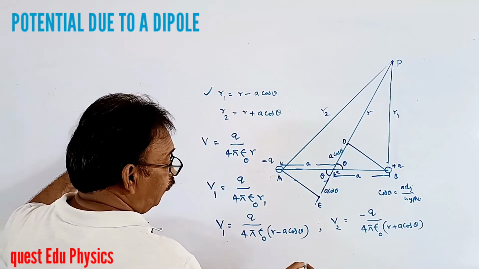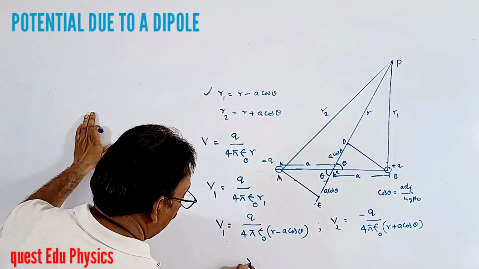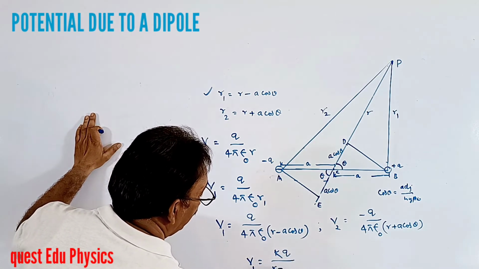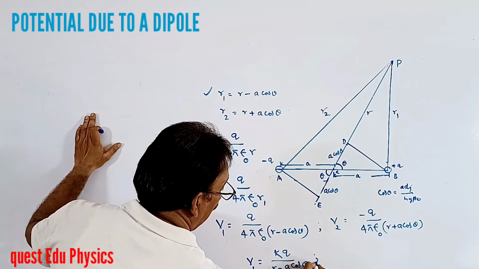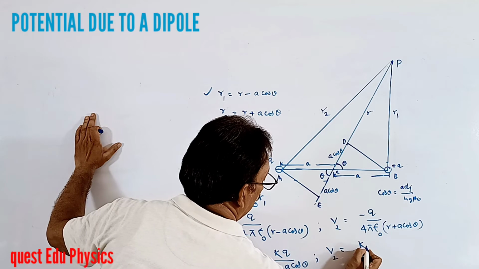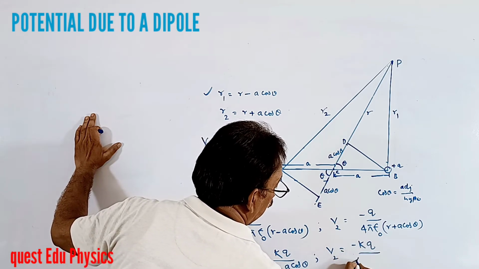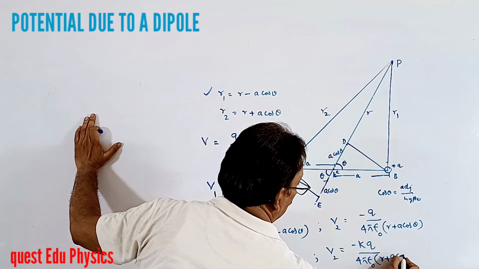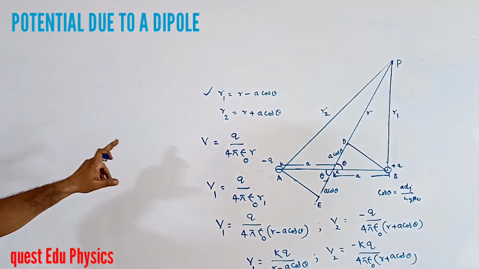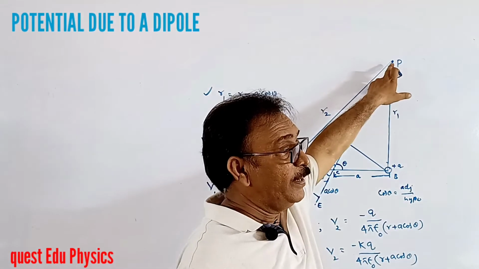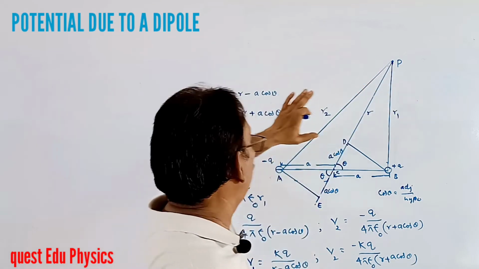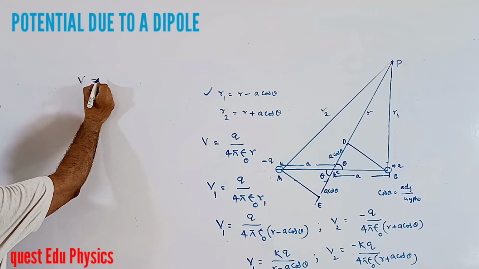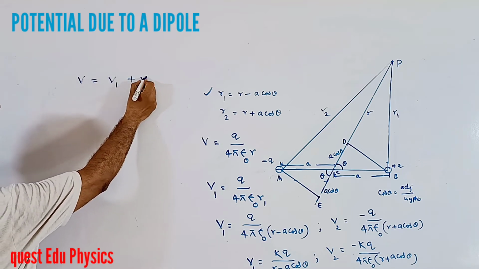Okay, if you take 1 by 4 pi epsilon naught as K, then you can write V1 is equal to KQ by R minus A cos theta, and V2 is equal to minus KQ by R plus A cos theta. Okay students, we have to find out the potential at this point, that means the sum of the two potentials V1 and V2. The net potential at P is V is equal to V1 plus V2.